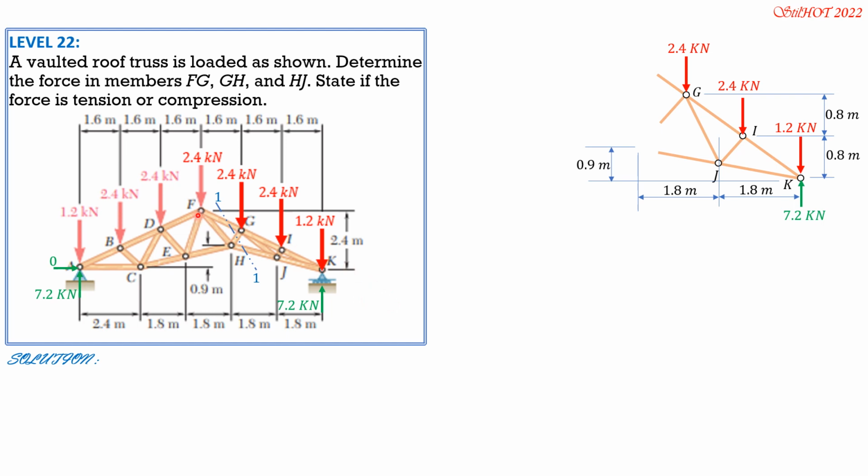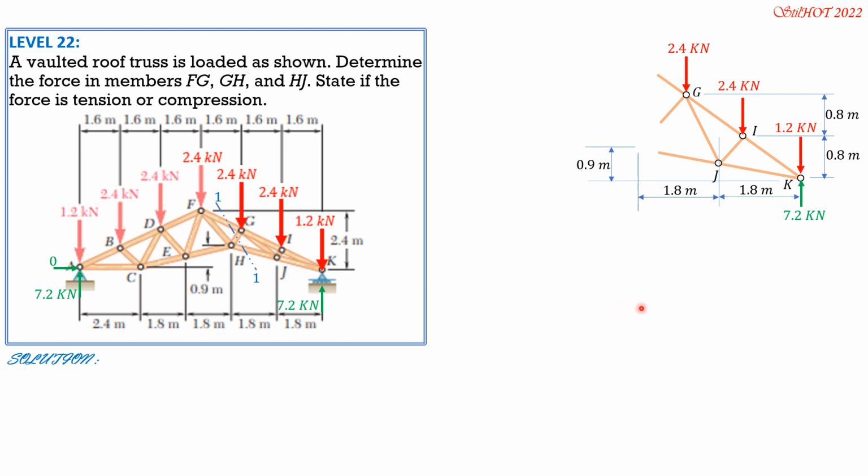The total vertical distance from K to F is 2.4. But because this is a straight line equally spaced at 1.6, 1.6, the vertical distance will also be equally spaced. So meaning KI is 2.4 over 3, so that's why we have 0.8 here. Distance between I and G vertically also is 0.8 because the distance between G and F vertically is also 0.8. So that makes it 2.4 meters.